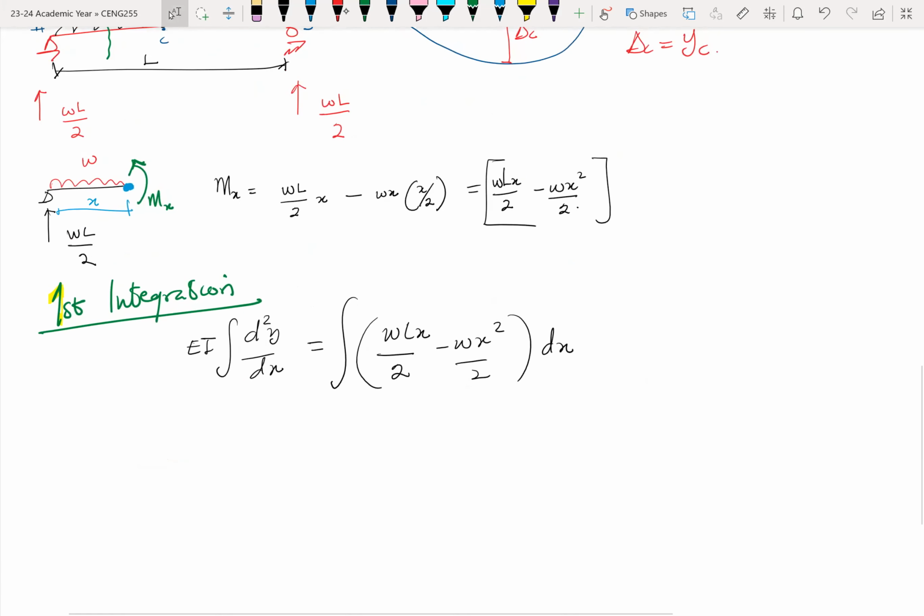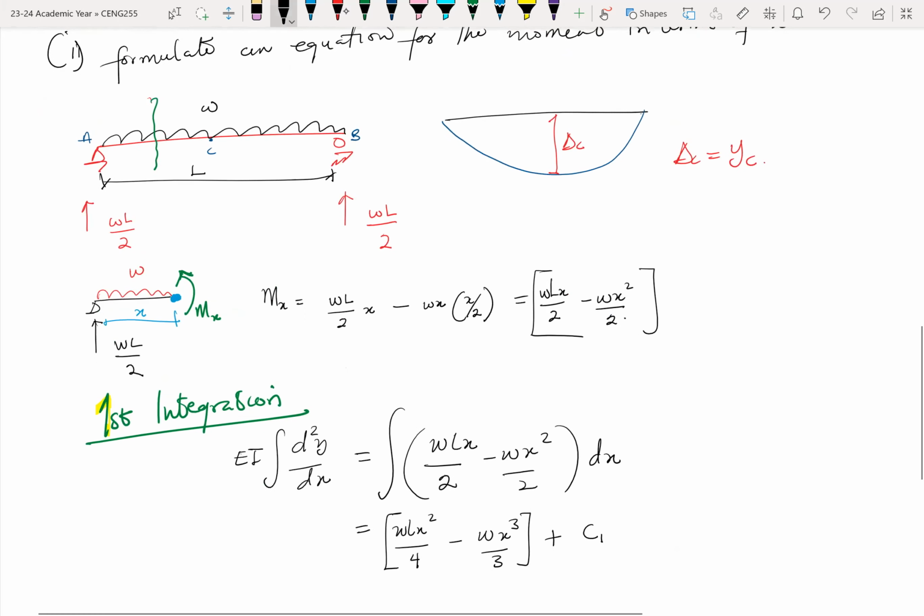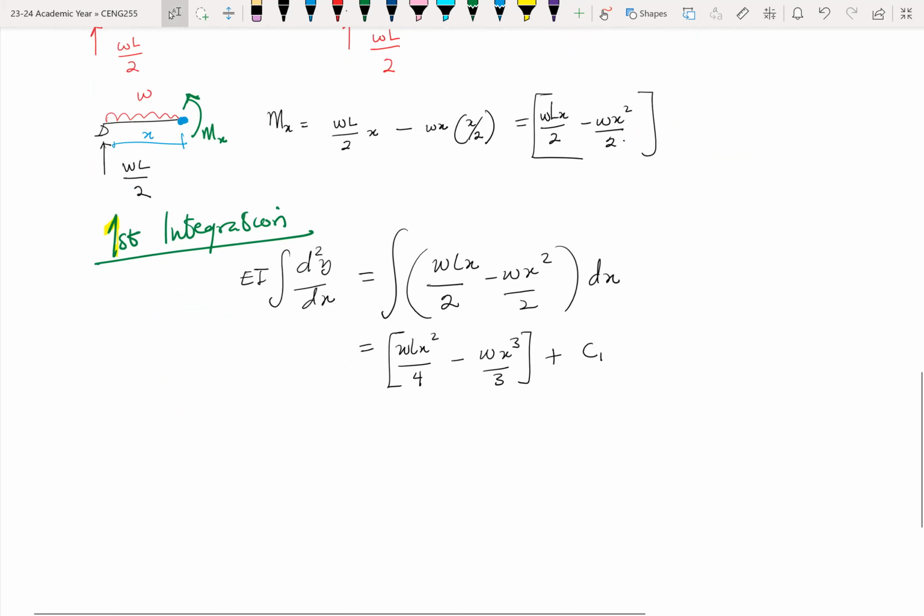This integration gives you WLx squared over 4 minus Wx cubed over 3 plus a constant. Let me call this constant C1 so that it doesn't confuse us with the A, B, C on the structure. So that becomes our first integration.